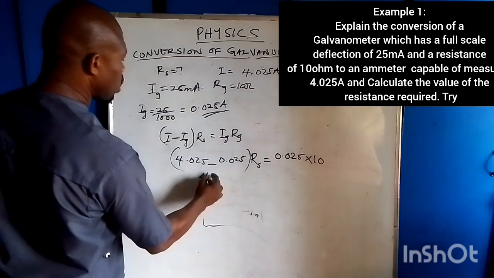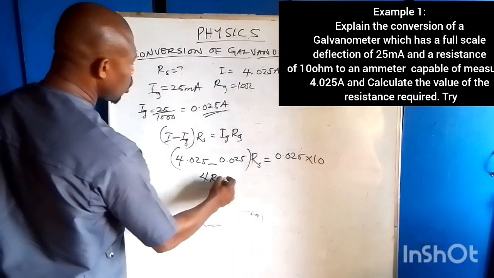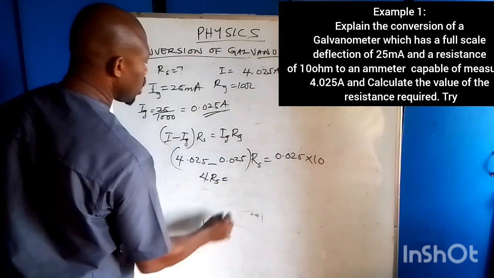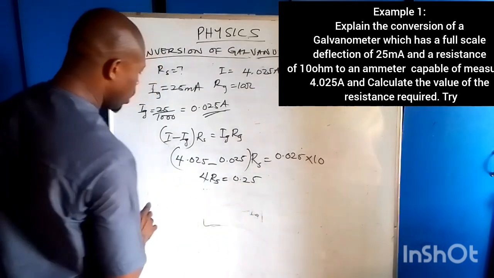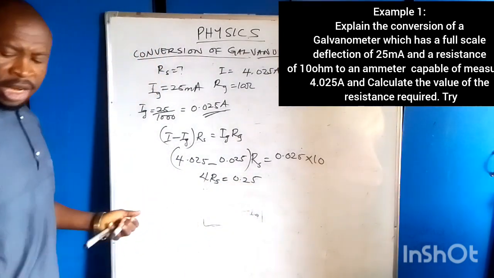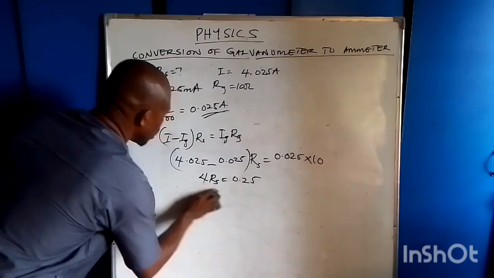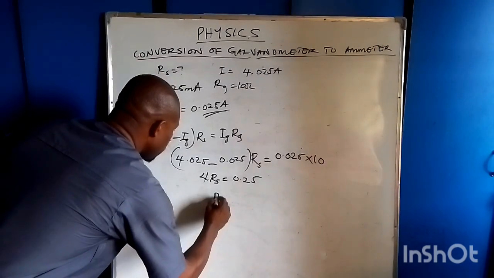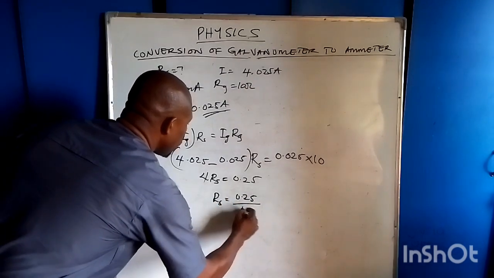4 times RS is equal to 0.025 times 10, which will give us 0.25. Now, if we do the necessary calculation by making RS the subject, we have that our RS will give us 0.25 all over 4.